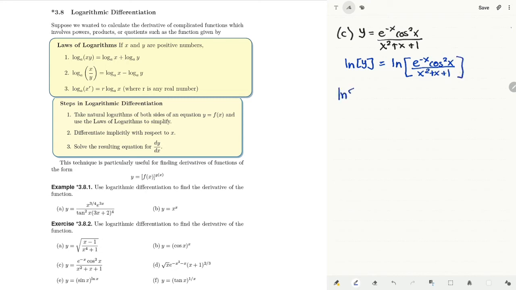So using the first and second laws, we have the natural log of e to the negative x plus the natural log of cos squared x minus the natural log of x squared plus x plus 1.